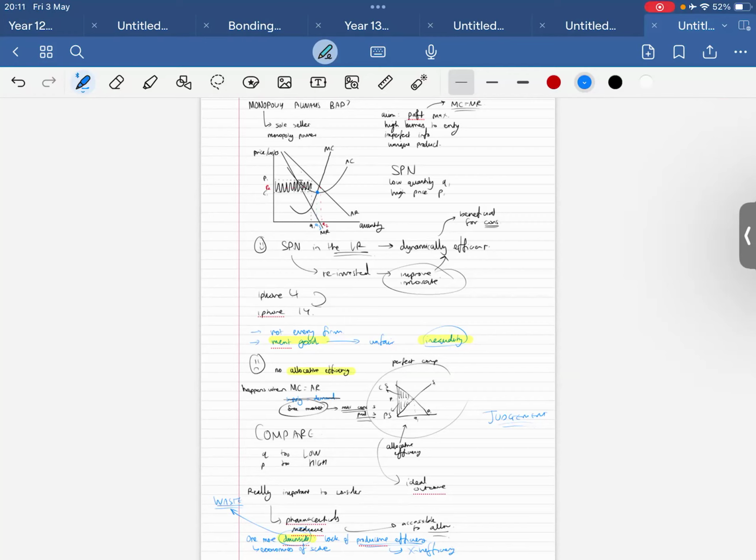Good. And then if you're talking about the allocative efficiency point, you can back it up and just say that AstraZeneca, or a monopoly, is not allocatively efficient. This is quite dangerous, especially if they sell merit goods such as pharmaceuticals, vaccines, drugs, medicine, and if they choose to profit maximize and operate at a low quantity and a high price, then not everybody would be able to have access to the vaccine.